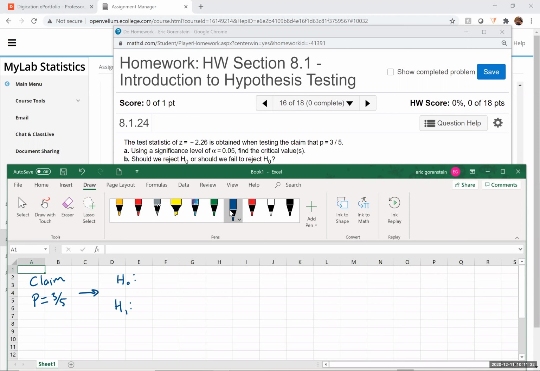Okay, so hypotheses, the null hypothesis is always equal to. And the alternate hypothesis would be not equal to. So are you clear on why it's equal and not equal? Yes, I am. Okay. So that tells you, this is what tells you it's a two-tailed test, the alternate hypothesis.